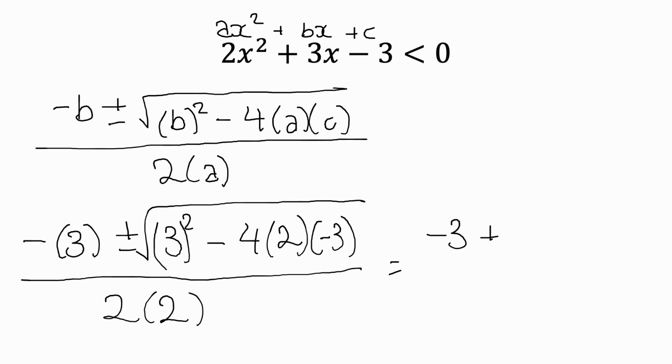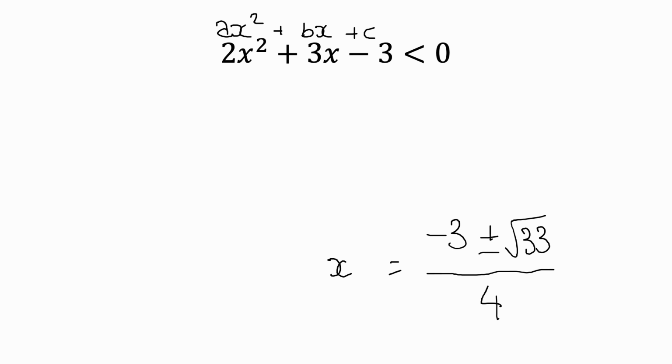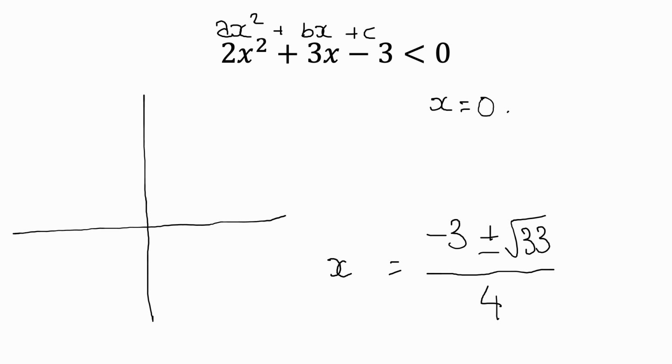So plus or minus the square root of 33, over 2 times 2, which is 4. And that is what x is going to be. Let's put this into decimals. So x is equal to either 0.686 or x is equal to negative 2.186.